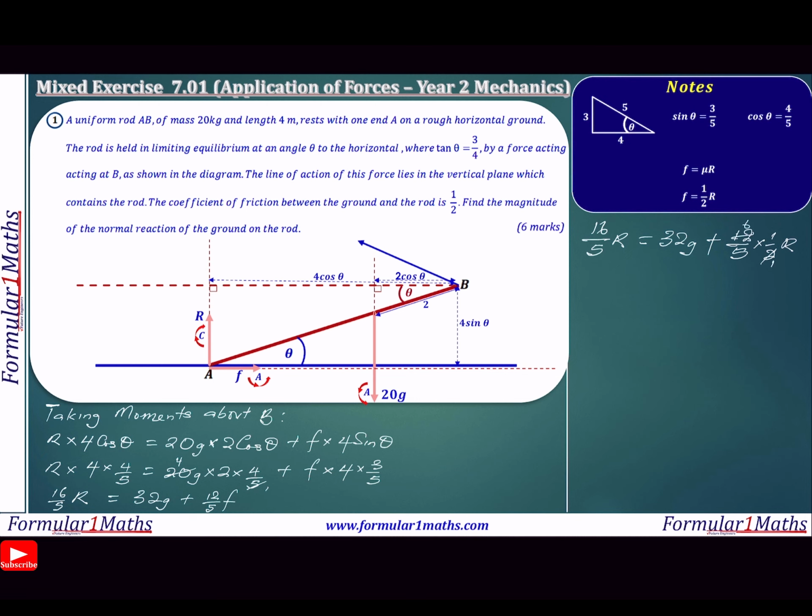So the equation reduces to 16 over 5 R equals 32 G plus 6 over 5 R.